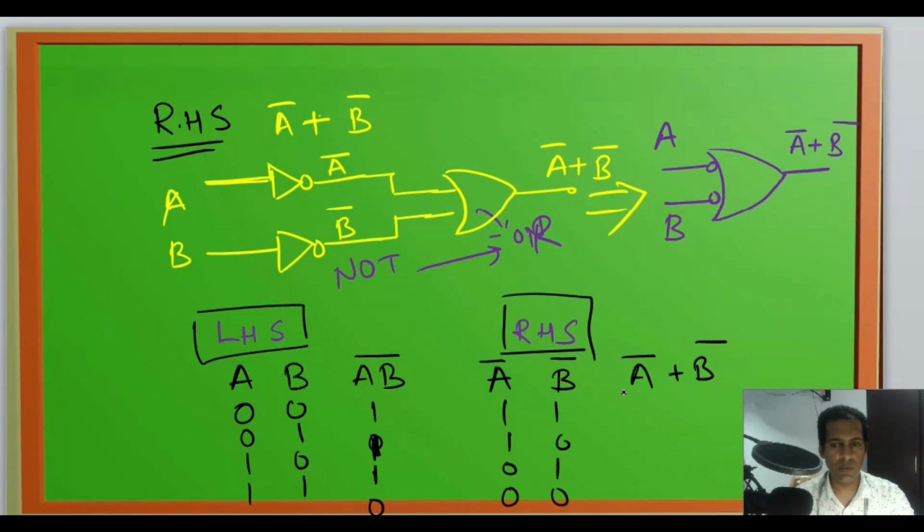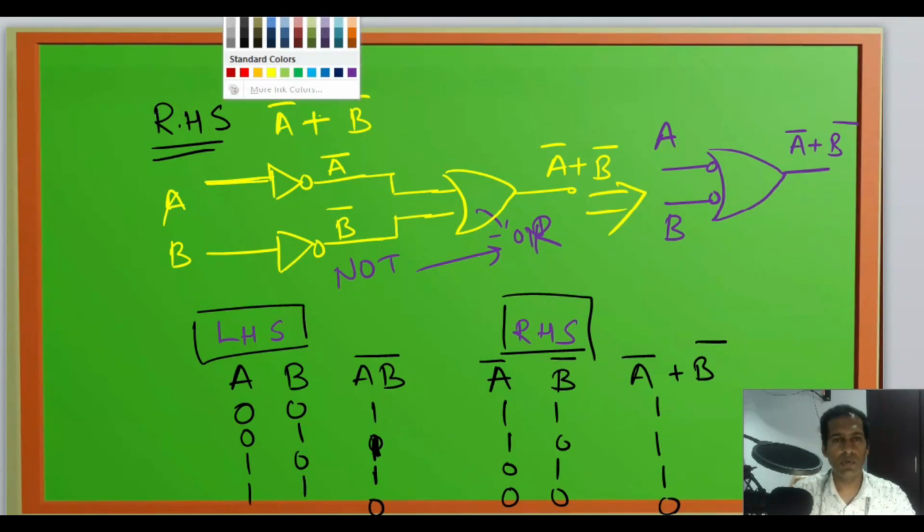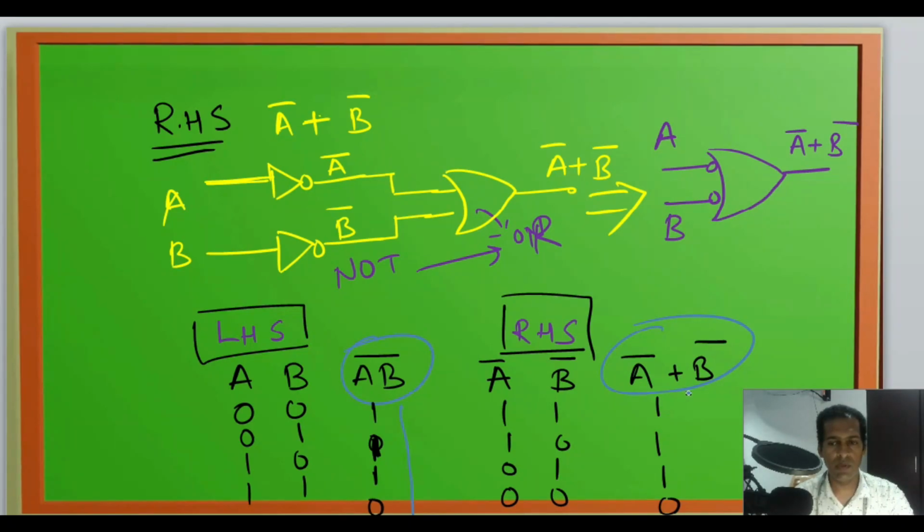Then the addition of these two gives 1, 1, 1, and 0. So we can see the output of (AB) bar is 1, 1, 1, 0, and A bar plus B bar is also the same, 1, 1, 1, 0. So LHS is equal to RHS.